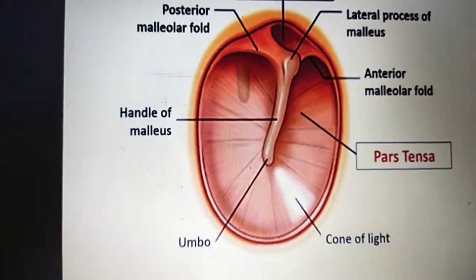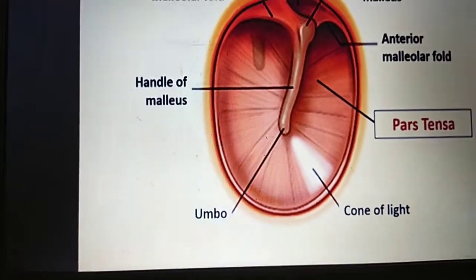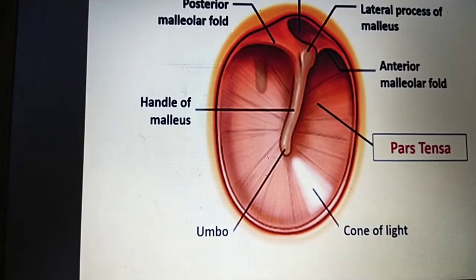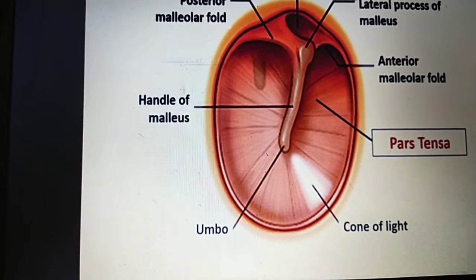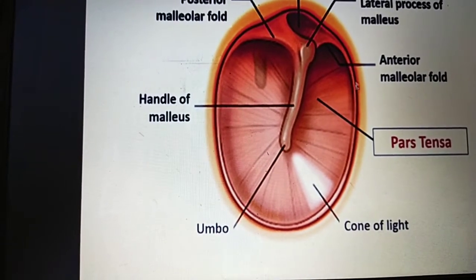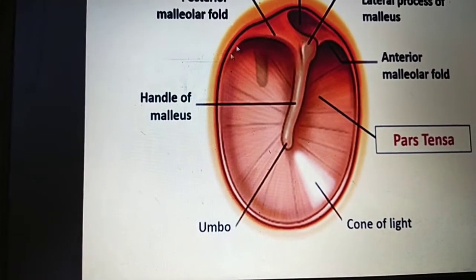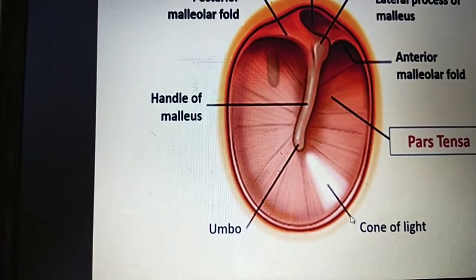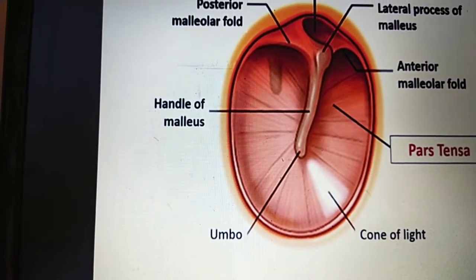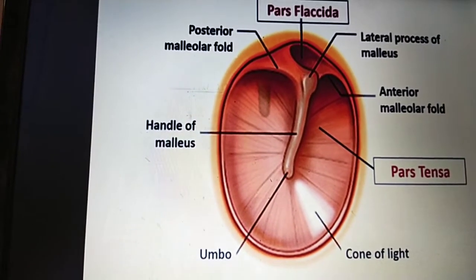This annulus is the thickened edge of the pars tensa of the tympanic membrane. This is the annulus of the tympanic membrane, the thickened edge of the pars tensa.